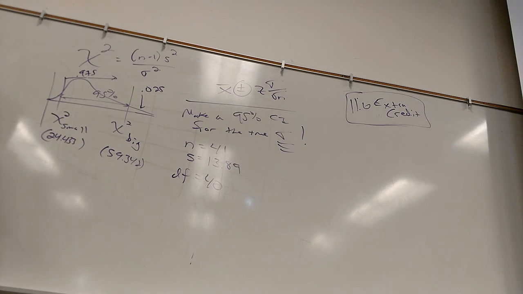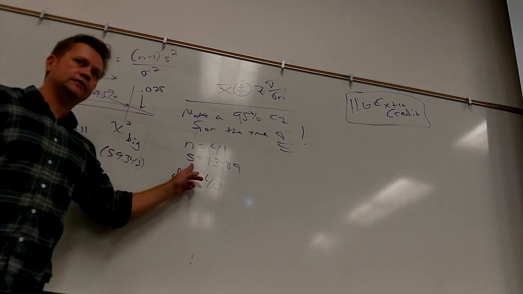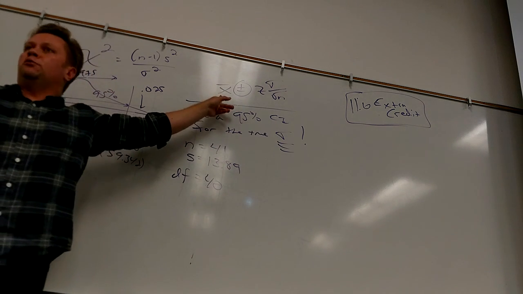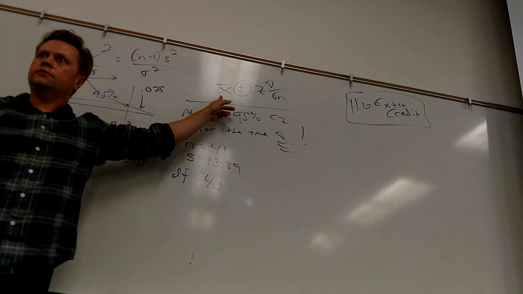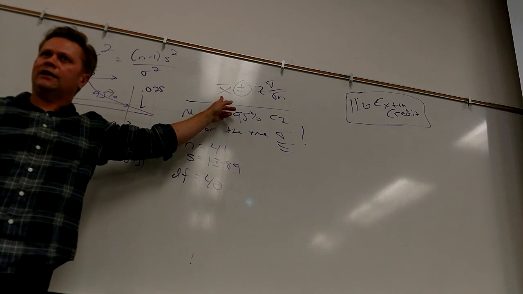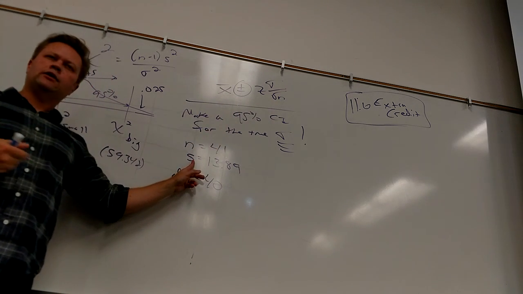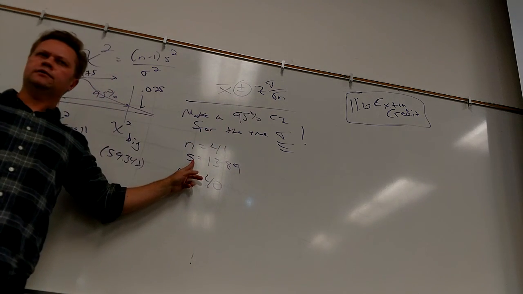The true what? Yes, the true standard deviation, the population standard deviation, because all I know is S. Just like with the mean, don't I find X bar, but want to know what the true mean seems to be? That's why I make the confidence interval. Here I know S, and I want to know what the real sigma is.